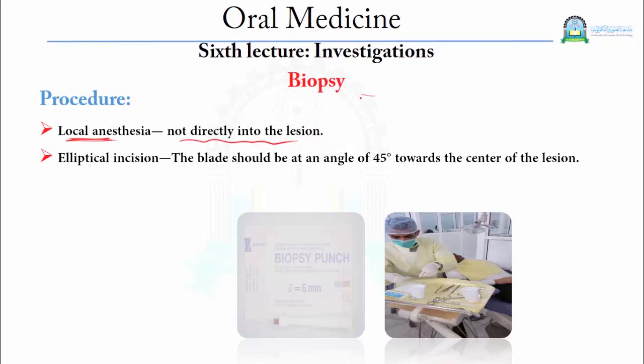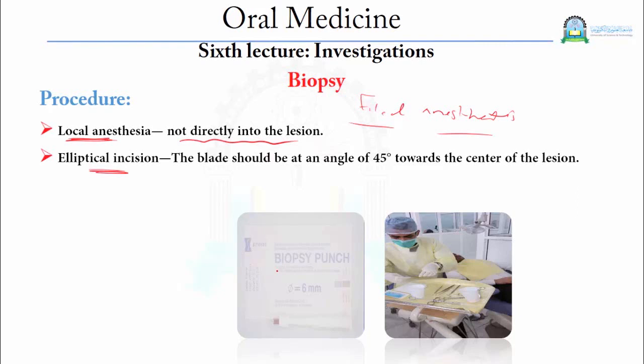So we perform what we call a field anesthesia, anesthetizing the surrounding tissues around the lesion. An elliptical incision should be performed, with the blade at an angle of 45 degrees toward the center of the lesion.